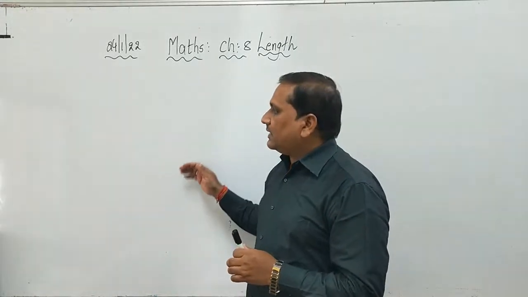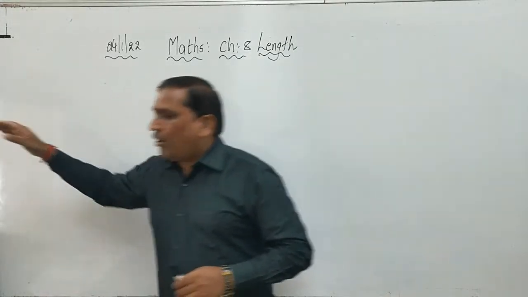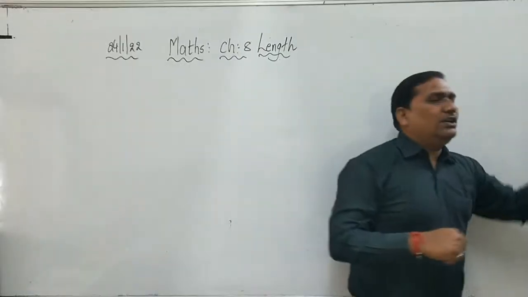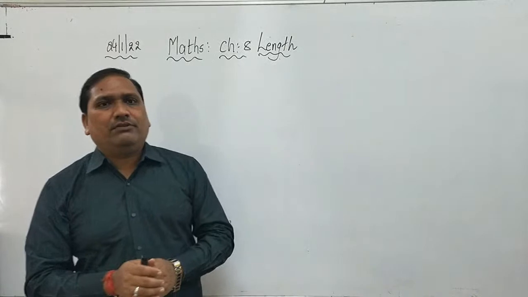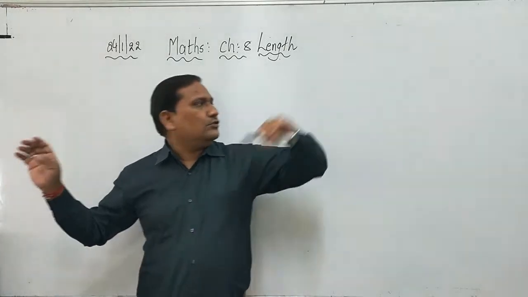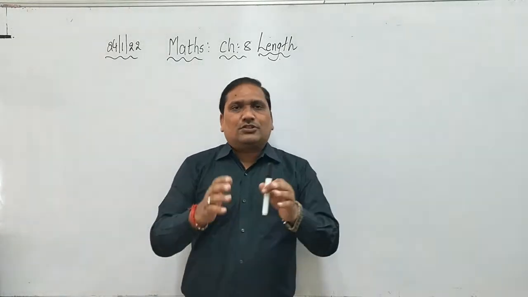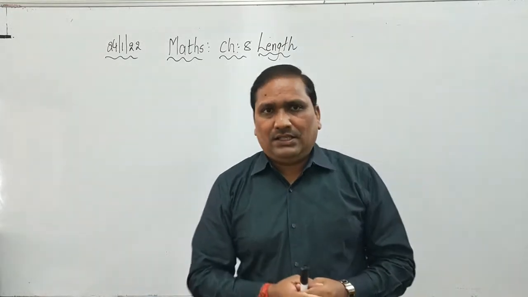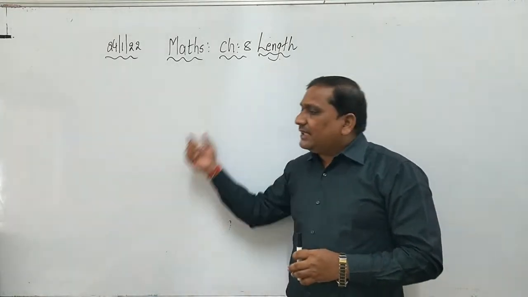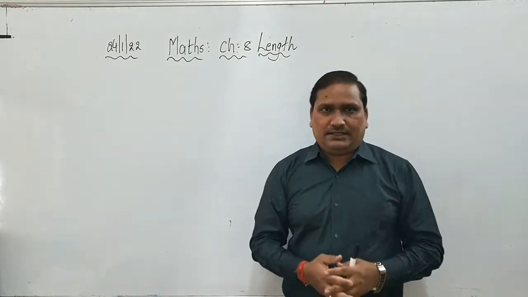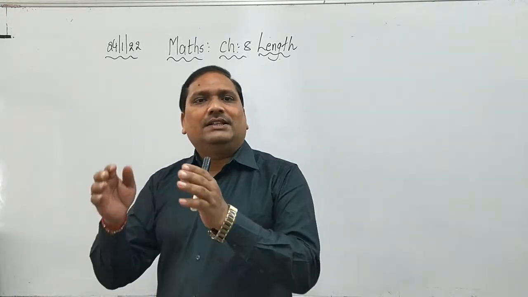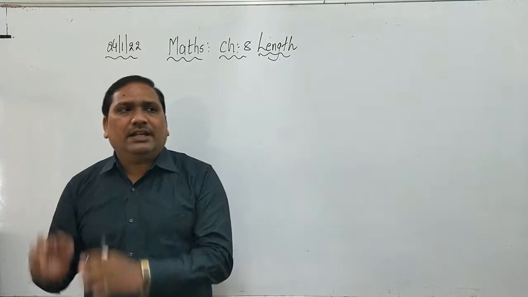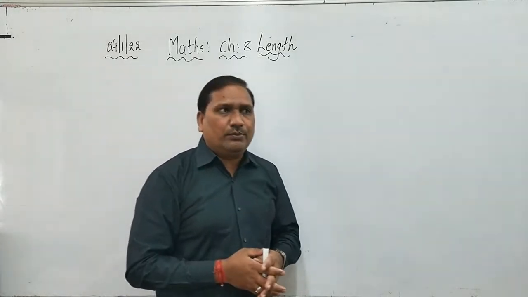Suppose I take the board, so from one end of the board to the other end of the board, the distance is called what? From one end to the other end is called the length. And the length is generally measured in what? Either in millimeter, centimeter, meter, or kilometer.